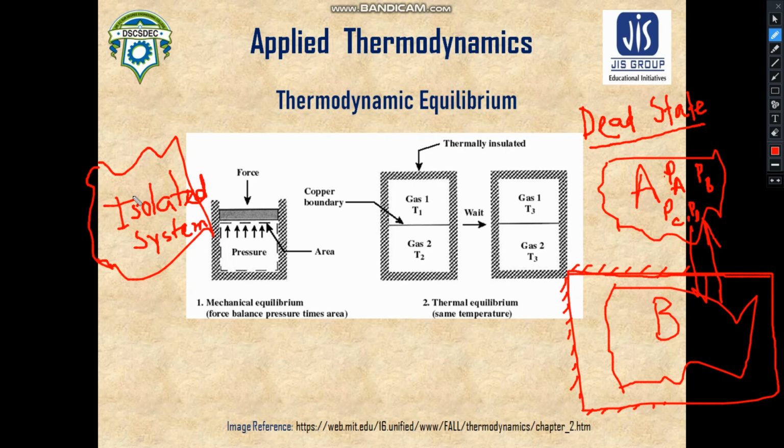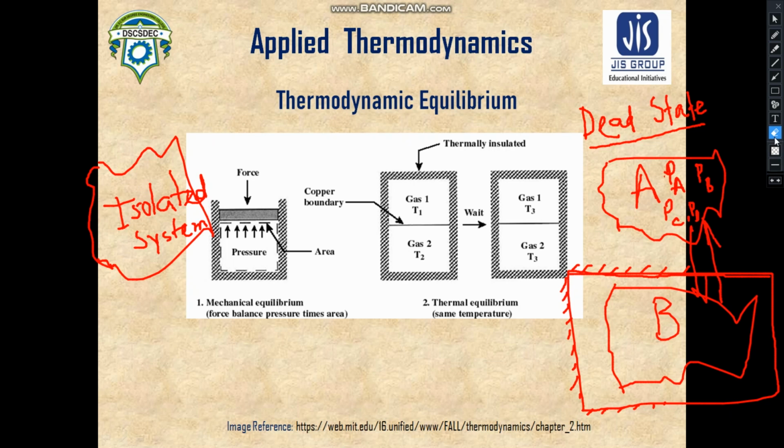That means the properties within the system are in equilibrium, and they will remain in equilibrium always. So it has to be an isolated system, which doesn't permit any interaction with the surroundings, and the state of the system has to remain in a dead state. Referring to these points, we can say that the system will remain in thermodynamic equilibrium.